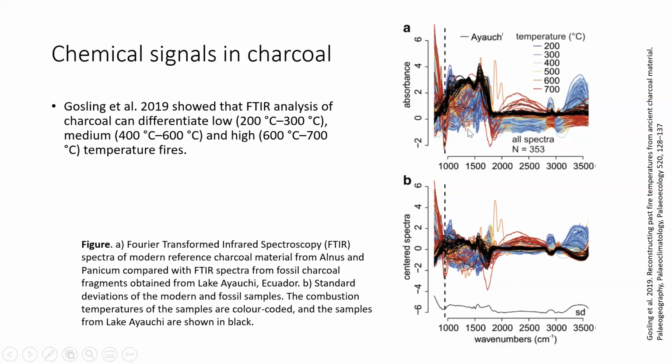So basically, in the lab, they burned the reference samples at 200, 300, 400, 500, 600, and 700 degrees. And then they compared those spectra to the spectra that they measured from the sedimentary charcoal, which is presented here in black curves.